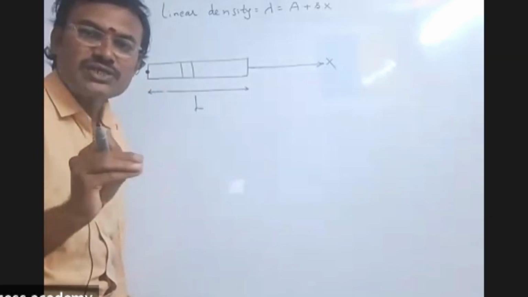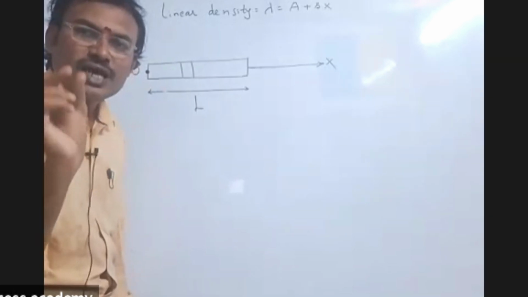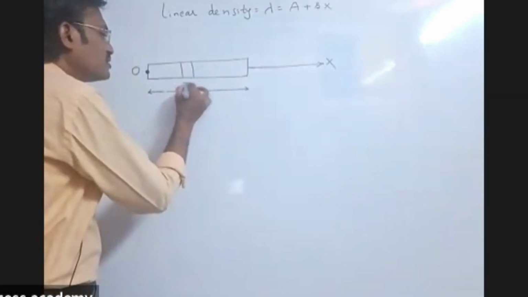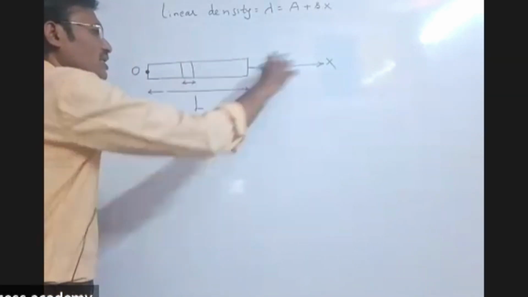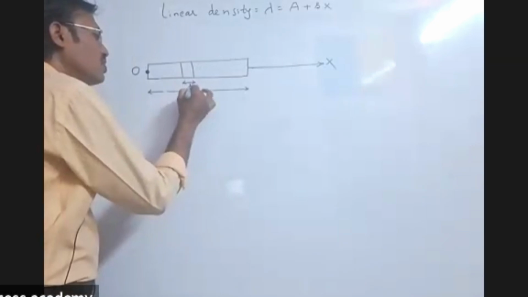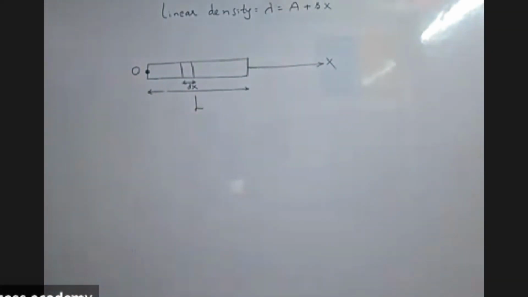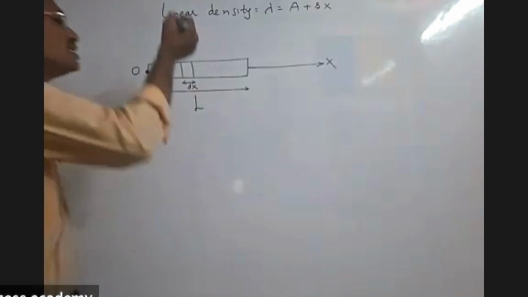For the continuous mass distribution, we consider a small region of length, which I am taking as dx. Why? Because I considered the x-axis, so that small region is nothing but dx. With that small portion dx, we are taking the concept of linear density.